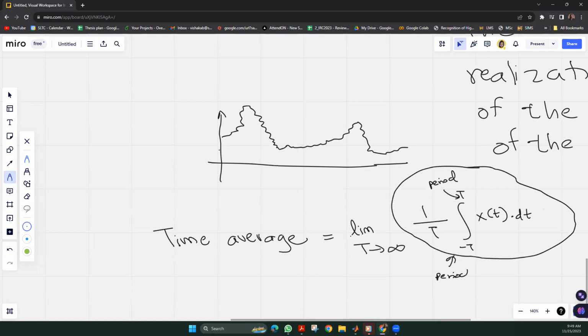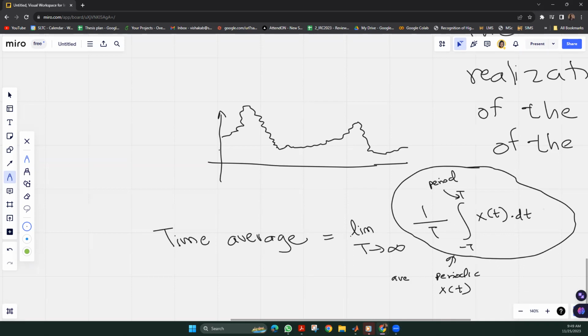However, this is for a periodic signal. If we take this integration only, this part is for periodic x(t) signals. So we can use this equation to find the average of periodic x(t) signals.